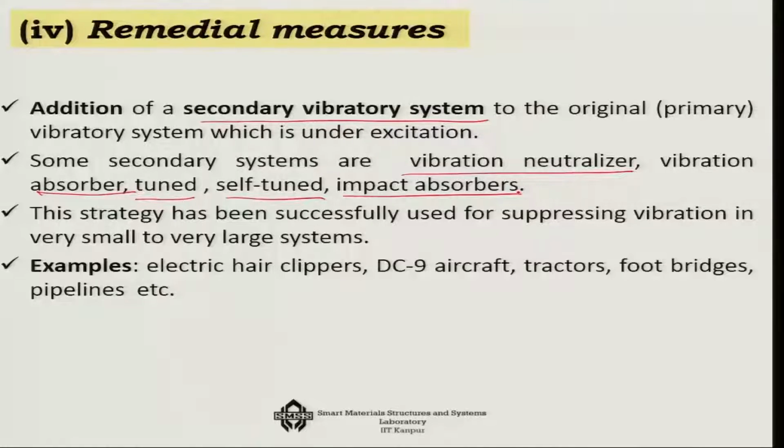If you remember, in the introduction of this course I showed a stockbridge damper, which is a kind of secondary vibrating system. This strategy has been very successfully used for electric hair clippers, DC-9 aircraft, tractors, footbridges, pipelines, etc. So, that is about the use of remedial measures of a system.